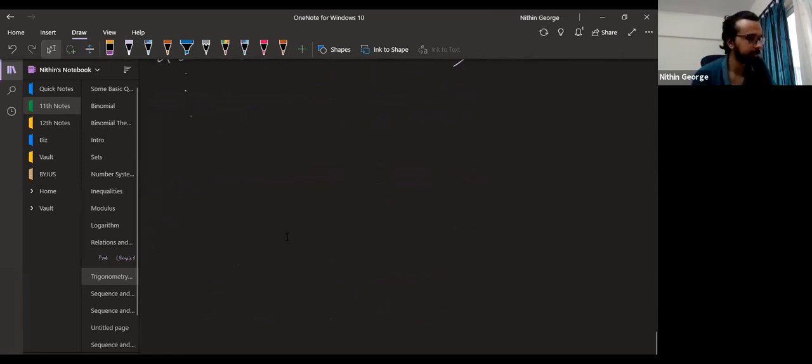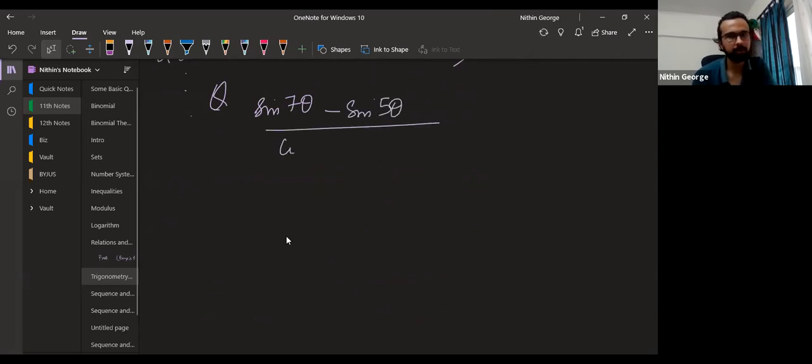Okay, just given problem, see how that goes. The question is sin 7 theta minus sin 5 theta divided by cos 7 theta cos 5 theta.